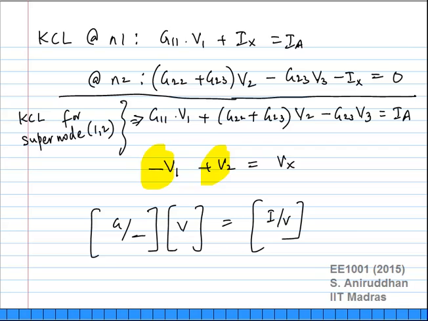Obviously, this matrix, this G slash, the constant matrix, is no longer going to be symmetric, right? Because you now have a different structure to it. But you can still go ahead and invert it and find out what V1, V2, V3 are. You can find out Ix later, from any one of those nodal equations. Any questions about the supernode, construction of the supernode, how you would set up the equations?